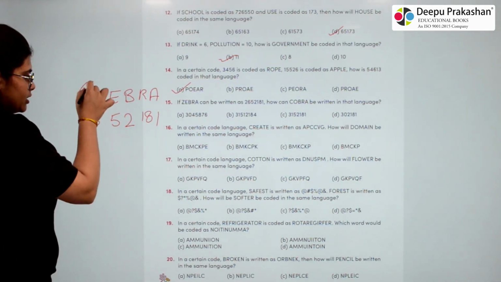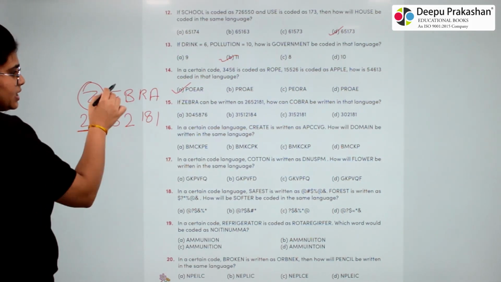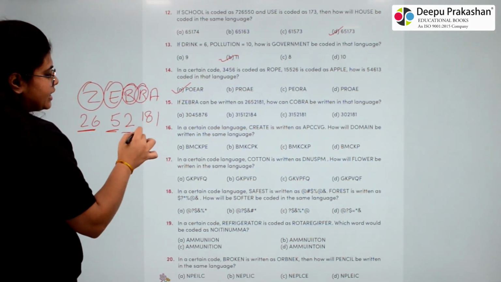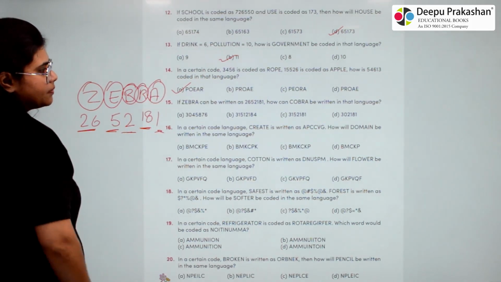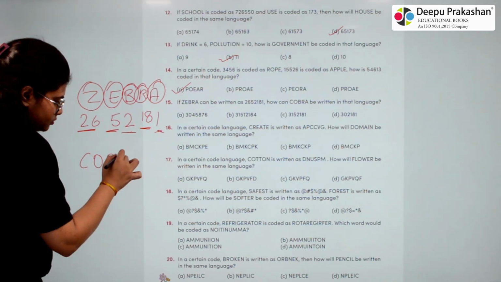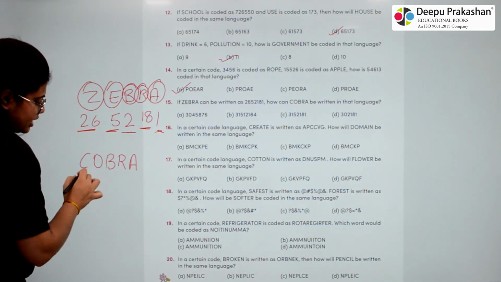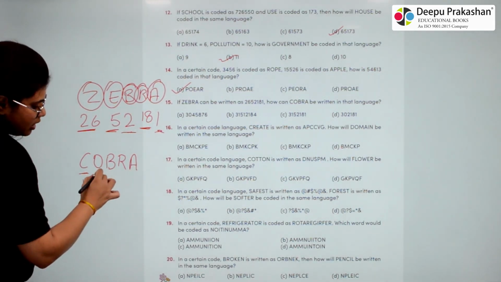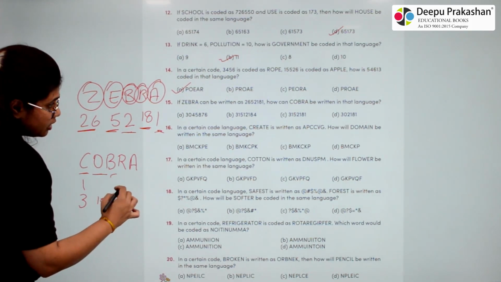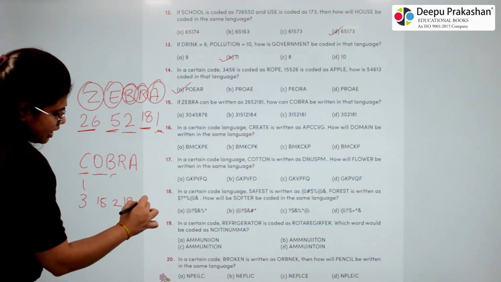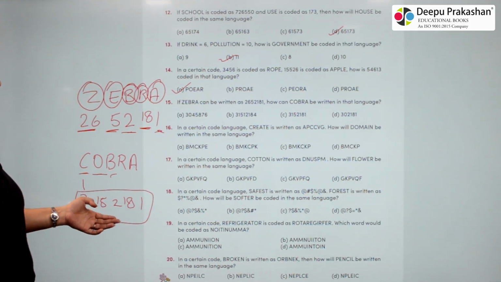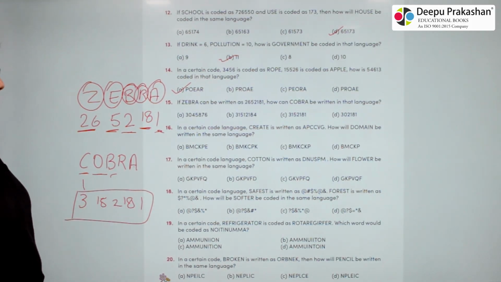Here if we look at that, Z comes at 26th place, E at 5, B at 2, R at 18 and A at 1. So for cobra, C comes at 3, O comes at 15, B at 2, R at 18 and A at 1. So our answer will be 315281.